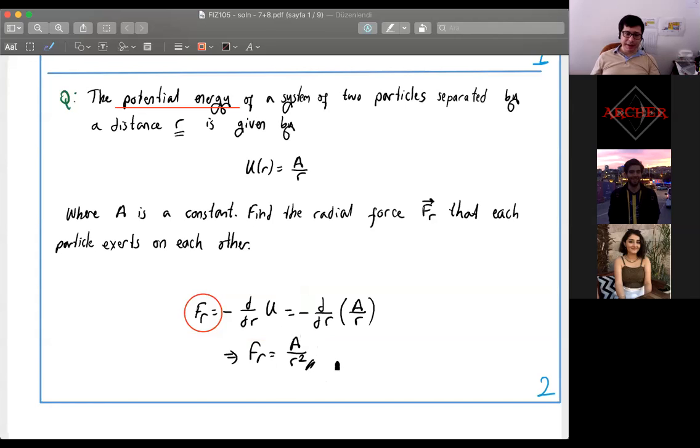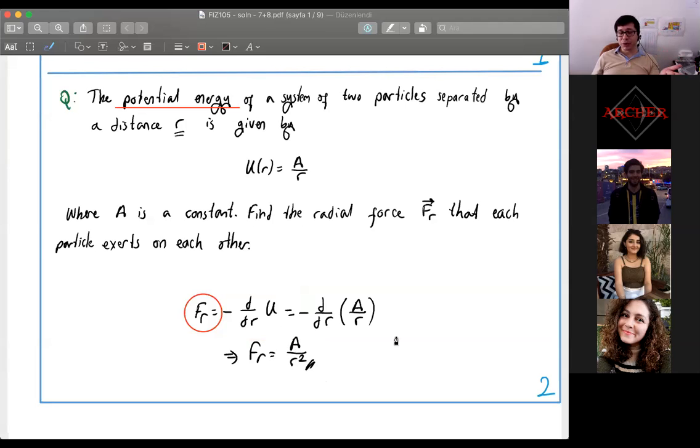The physical meaning of this example is, as you see, it has a positive direction. It increases with position. It has an inverse r square dependence. So this is both the form for gravitational force and electric force.